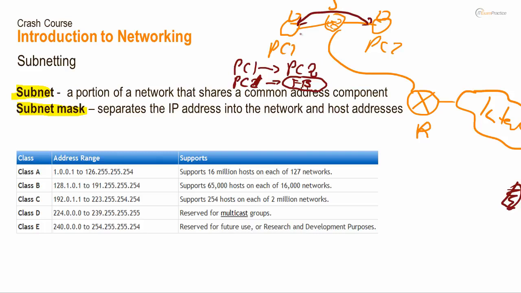To its default gateway. Because PC1 says, well, I have no idea where facebook.com is. It is not in my network. I will send it to my router, because this router should know how to route, how to send that message to facebook.com.